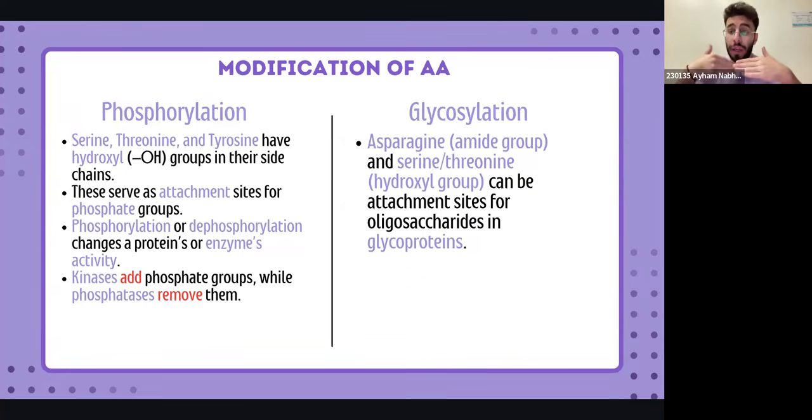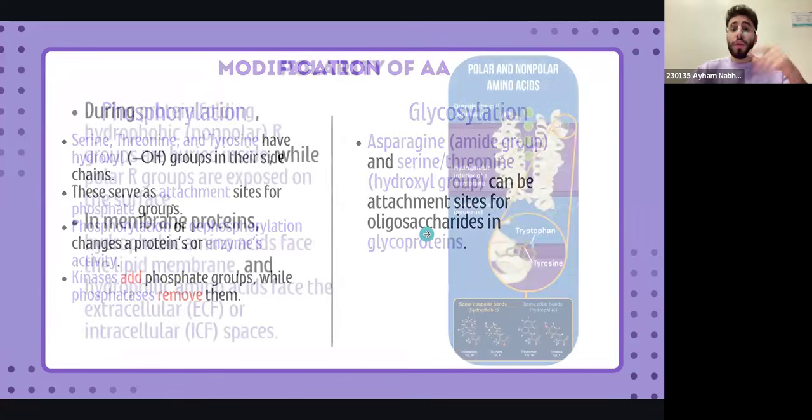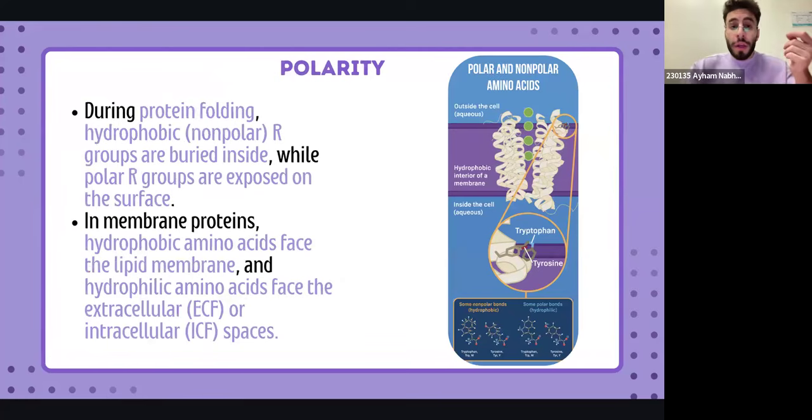What are the examples of glycosylation modification? We do have three amino acids: asparagine, which has an amide group, and serine and threonine, which have a hydroxyl group. The amide group and the hydroxyl group serve as the sites for the oligosaccharide to be added to this amino acid, making the glycoprotein. Clear? As simple as it is. Okay, so those are the modifications of the amino acids.